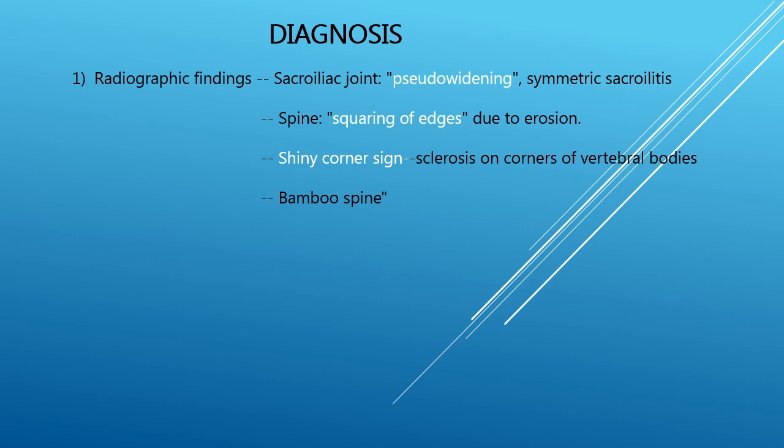There will be shiny corner sign due to sclerosis on corners of vertebral bodies. As I already said, bamboo spine is another important feature. The involvement of larger joints and the linkage to HLA-B27 are important diagnostic features in ankylosing spondylitis.